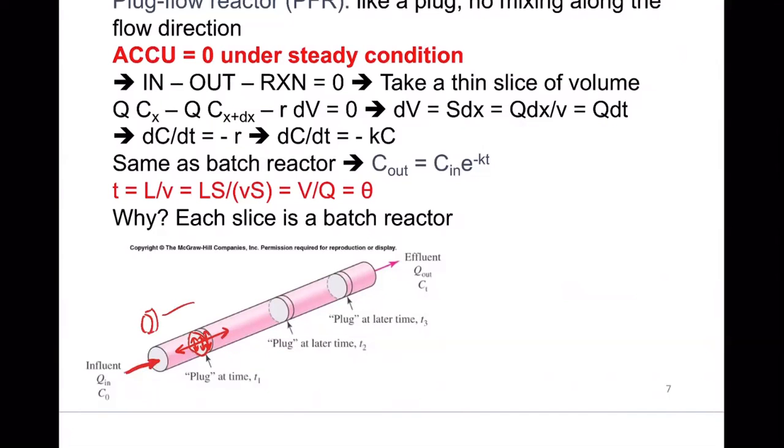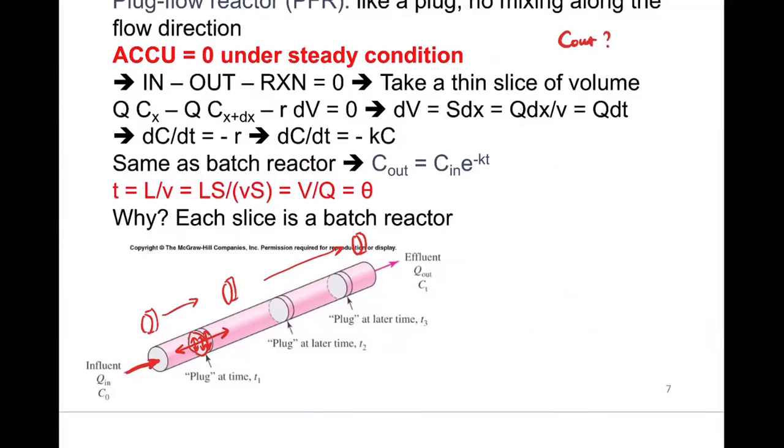As time goes on, the reactant concentration is reduced because of the reaction. Finally, at the end of the tube, the organics concentration is further reduced. Again, we're quite interested in how it performs.